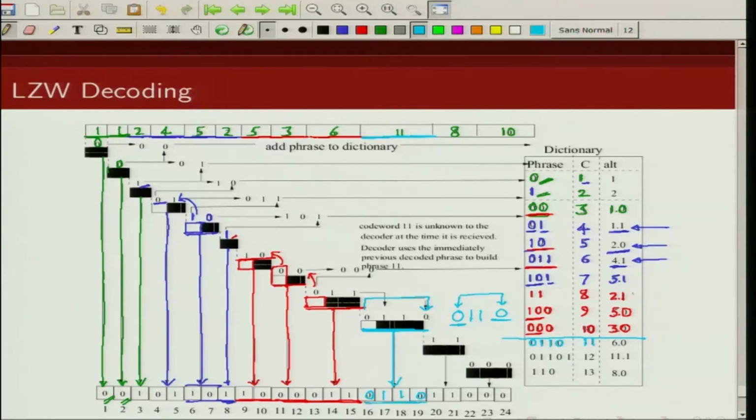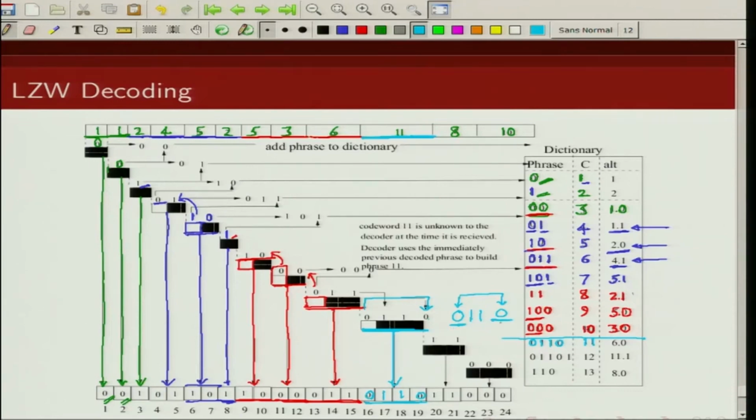So if you encounter a situation where a dictionary code word has come up and it's not there in the dictionary, that means you are using a phrase which has just been added to the dictionary. In this case we had 011, which is the phrase which just occurred. So the new entry should be of the form 011 and some new symbol.